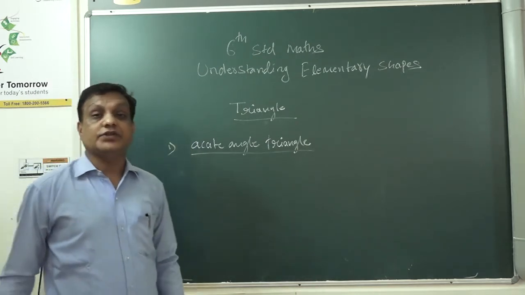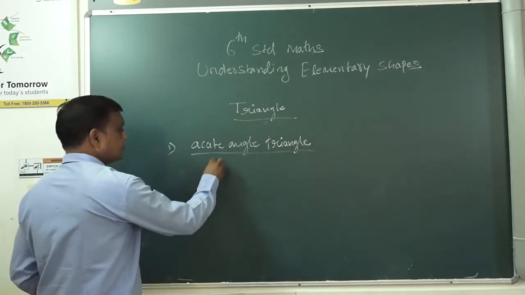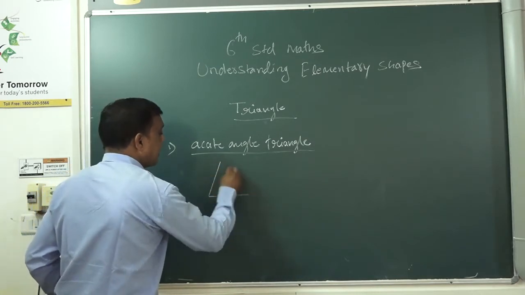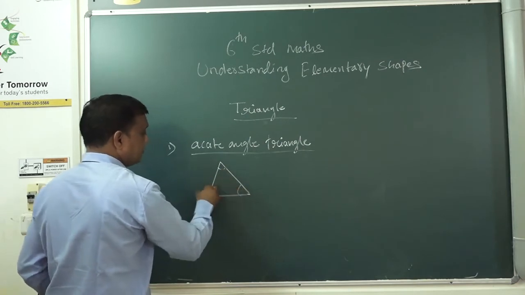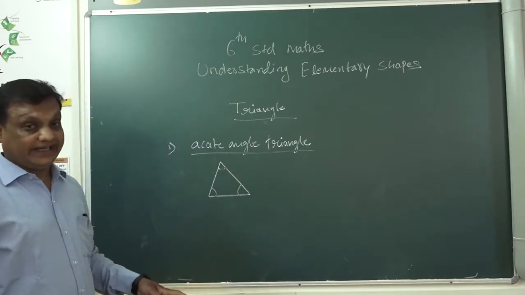Now what is the acute angle triangle? You know triangle? If all the three angles are acute, it means they are less than 90 degrees.